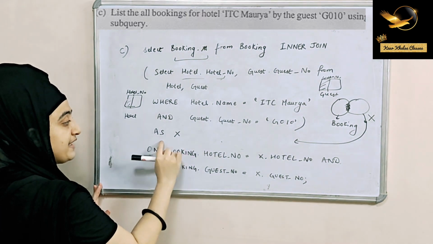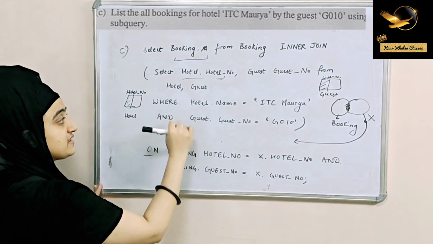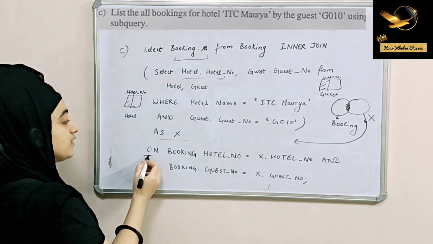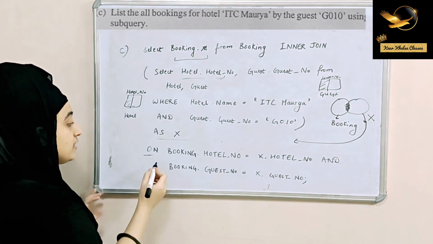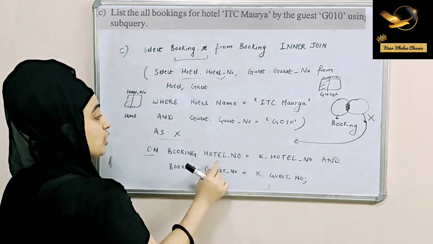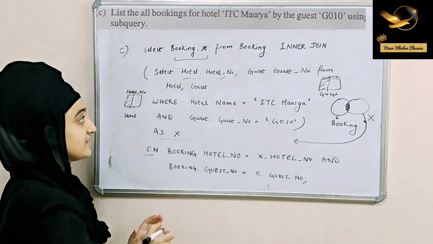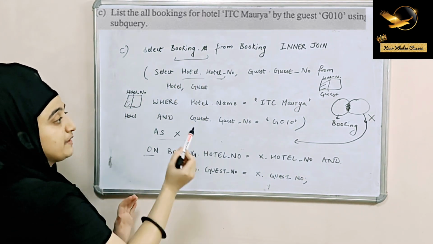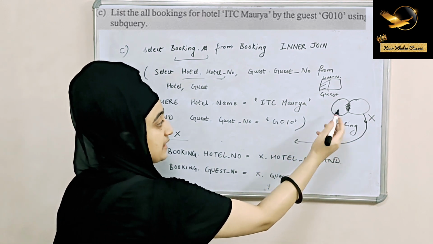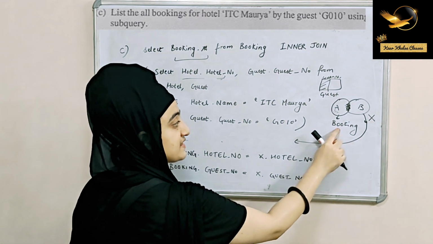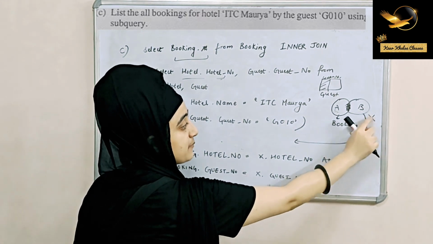I hope till here it is clear that this whole subquery is written as X. Now we are applying the condition for the inner join. So it's on booking dot hotel number is equal to X dot hotel number, which means that this booking dot hotel number is from table A. Suppose this is table A, this is B, and I already told you this is the booking table and this is the X subquery.